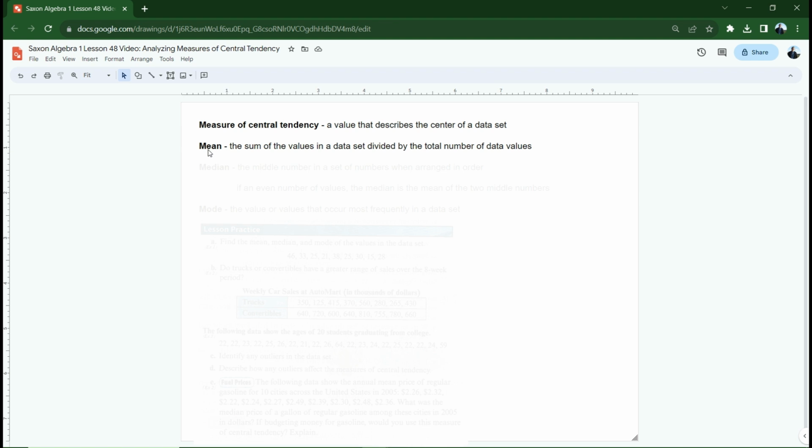So really, what we're saying is, let's say the average height of students in our algebra class was 5'6" or something like that. So we would say there's 5 feet 6 inches per person in algebra.